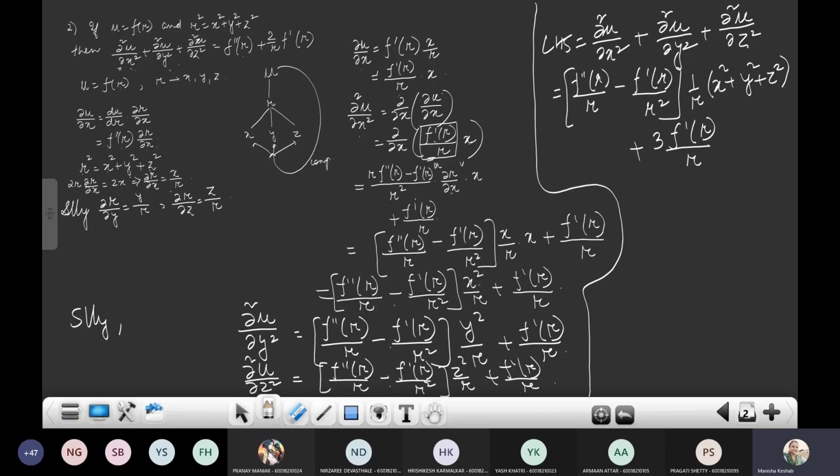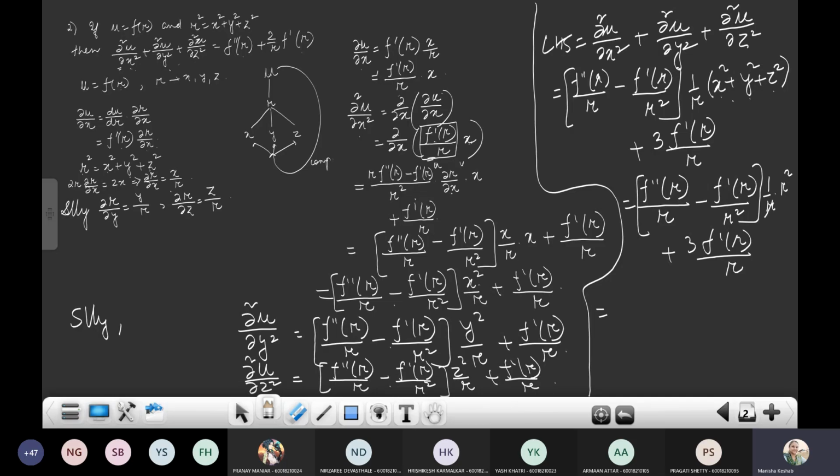Now, what is x square plus y square plus z square? It is nothing but r square, so we can substitute this as r square. Then we will get f double dash of r by r minus f dash of r by r square. And here we will get 1 upon r into r square plus 3 times f dash of r by r.